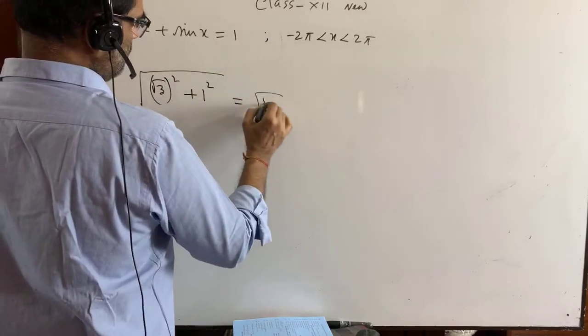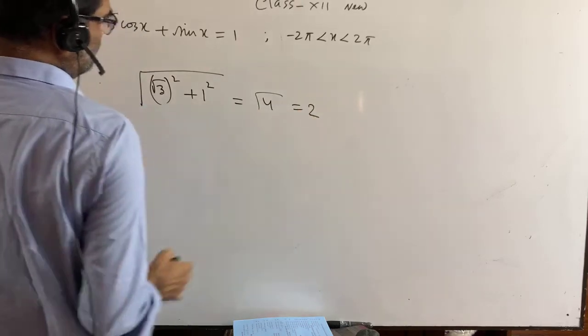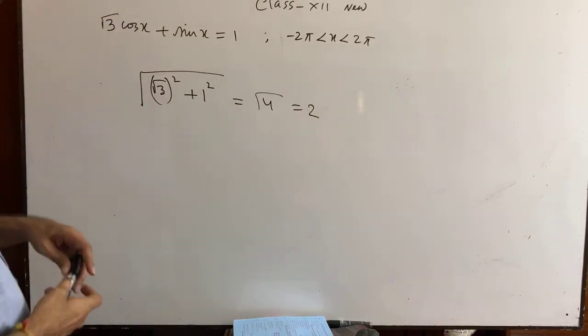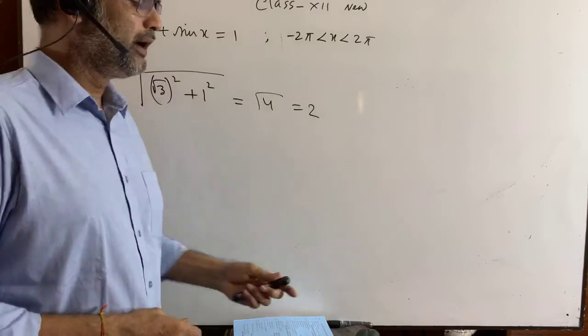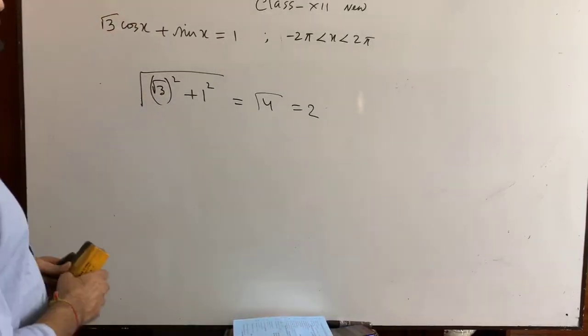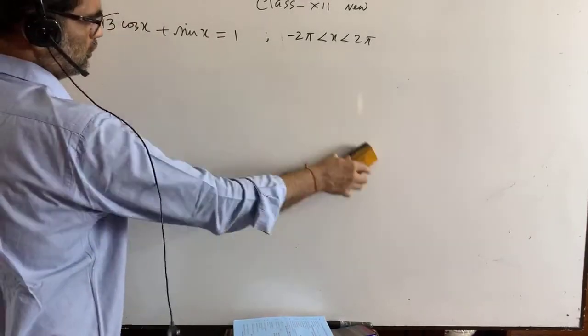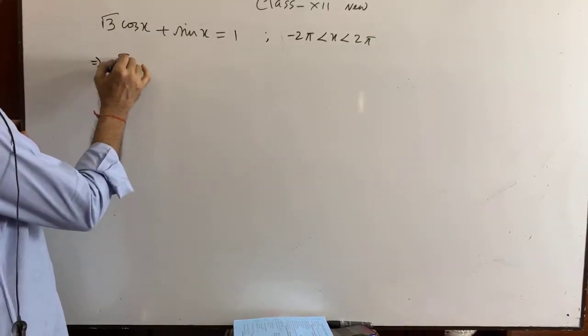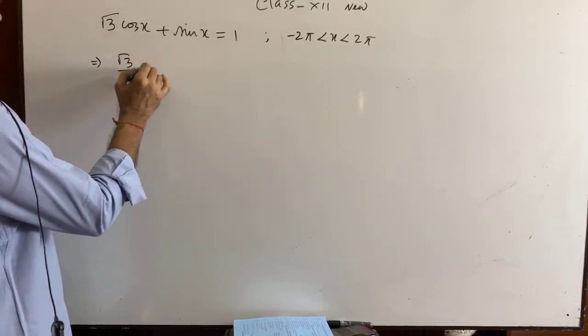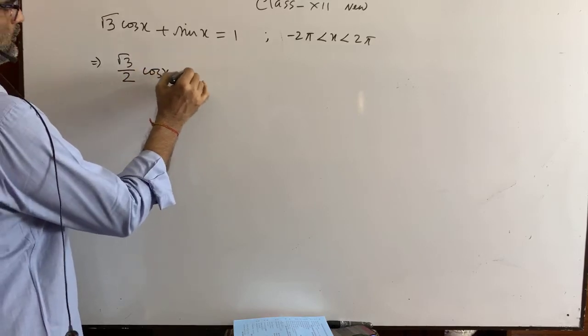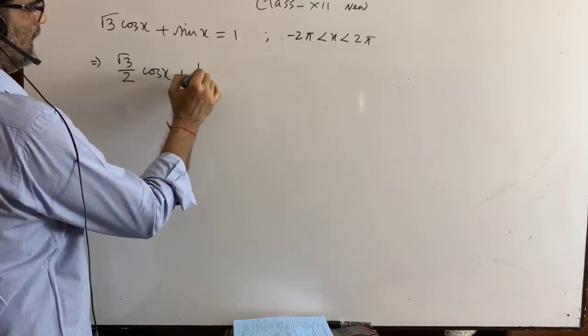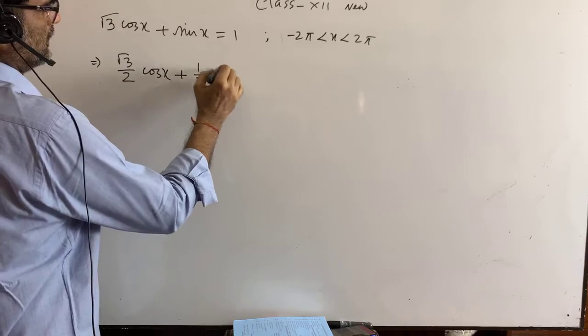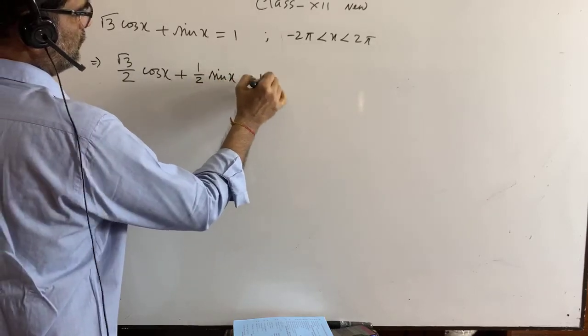That is root over 4. That is 2. So we have to divide all the terms of this equation by 2. That means we are getting here root 3 by 2 cosine x plus half sin x is equal to 1.